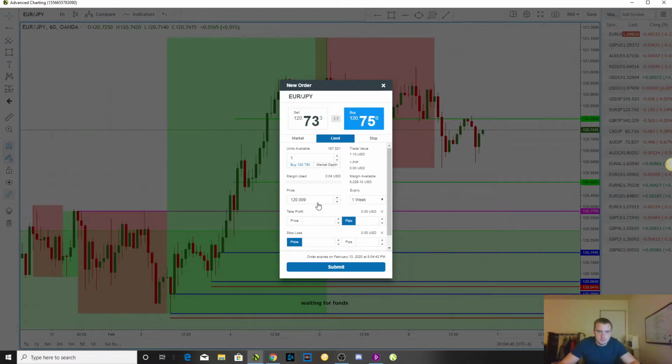So we have enough here to actually take this trade. It's 91 and 10.8.